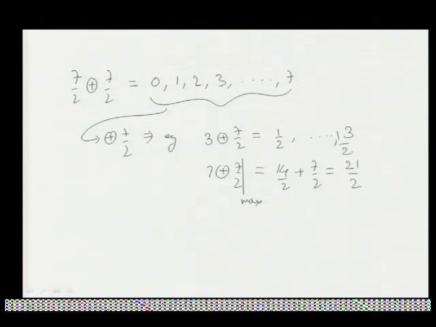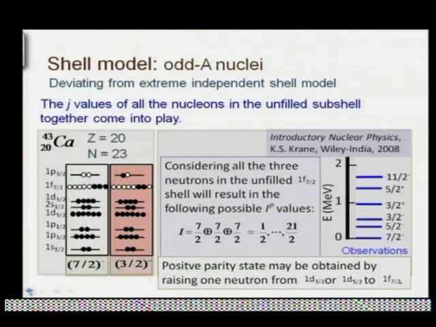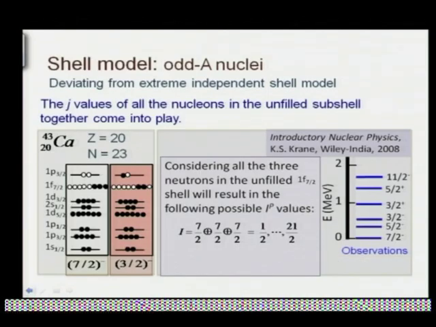Okay. So, this is the absolute maximum that you can get from this, 7 by 2 plus 7 by 2 plus 7 by 2, and in the case of minimum it is 1 by 2. So, you can say that with this combination you will have basically a minimum of 1 by 2 and a maximum of 21 by 2.